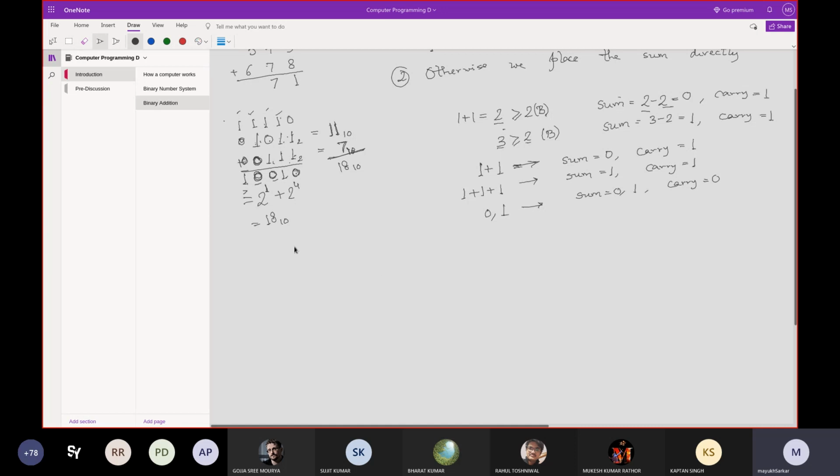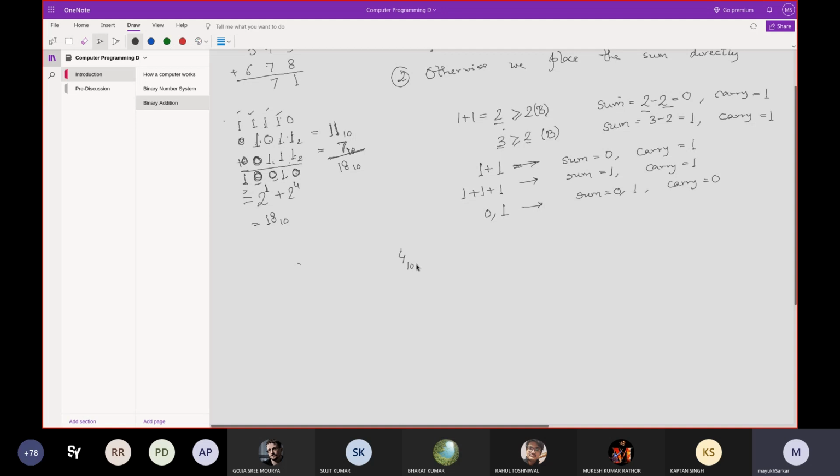My question is, when it becomes 3, the sum is 1 and carry is 1. What if it becomes 4? What will happen when the sum becomes 4? When adding two numbers, the sum never becomes 4.